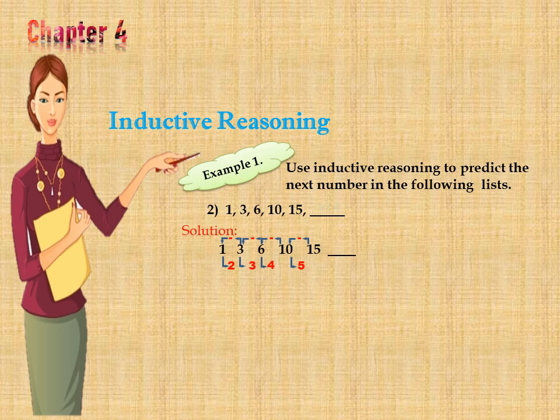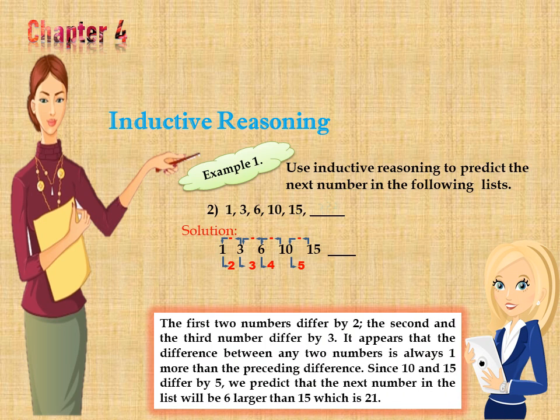So kung mapapansin natin, yung difference nila is always 1 more than the preceding difference, right? So, we can predict that the next number in the list will be 6 larger than 15. Okay? So, this will give us 21. So, the answer would be 21.